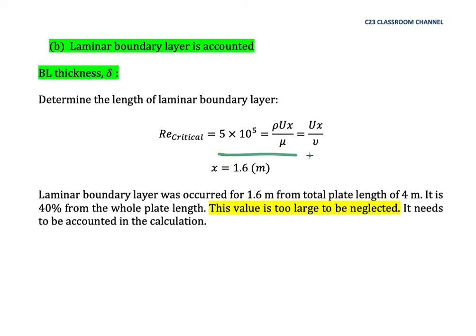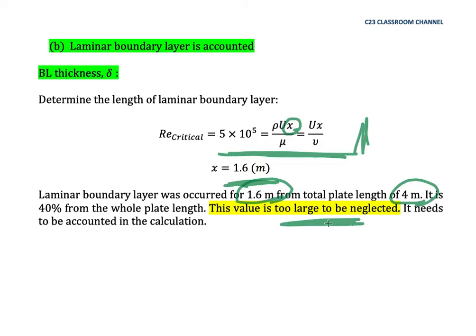From this calculation, the x here is equal to 1.6. If our total length is 4 meter, then 1.6 is too large to be neglected. It is around 40% of the whole plate, so it is not good for us to ignore the 40% effect of the laminar boundary layer in our whole calculation.